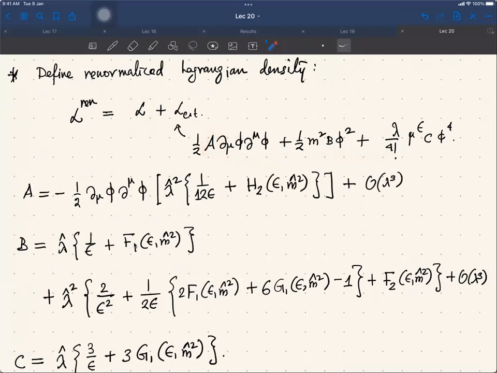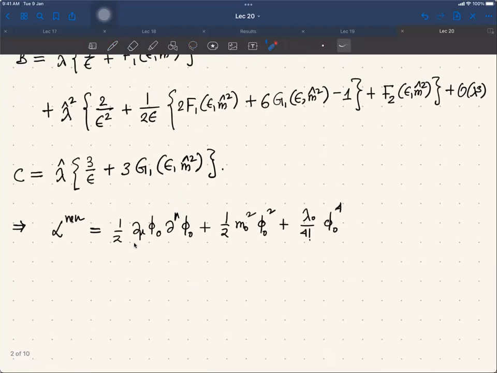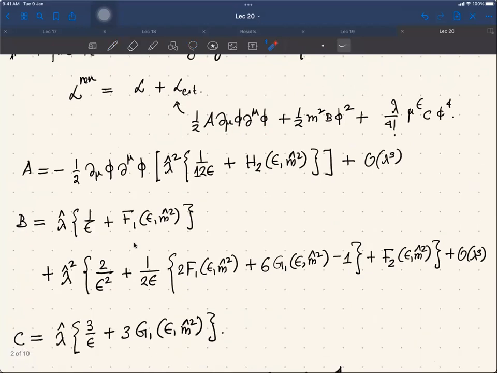So for example, the kinetic term in L has half times del mu phi, and the counterterm has an additional coefficient A. So the renormalized Lagrangian has the term half del mu phi with a coefficient 1 plus A. And since A is position independent, so is a constant, that 1 plus A can be absorbed inside phi, and that defines phi 0.